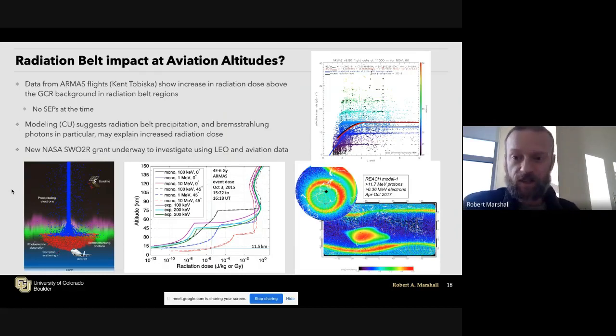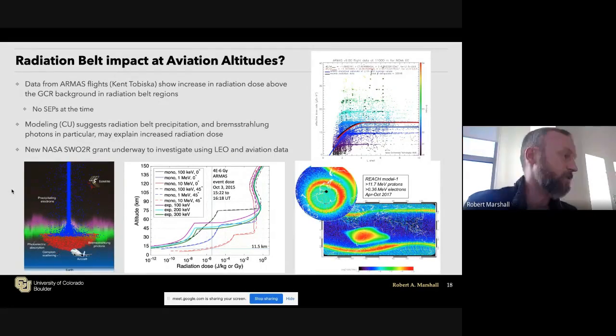And then the dots, and especially the black highlighted dots above that, are some extreme measurements that have been made by these flights. And so we're seeing a factor of 2 or more increase in radiation dose. And it seems to be particularly concentrated between L shells of about 2 and 6. So that has led Kent to suggest that this increased dose is from radiation belt precipitation.